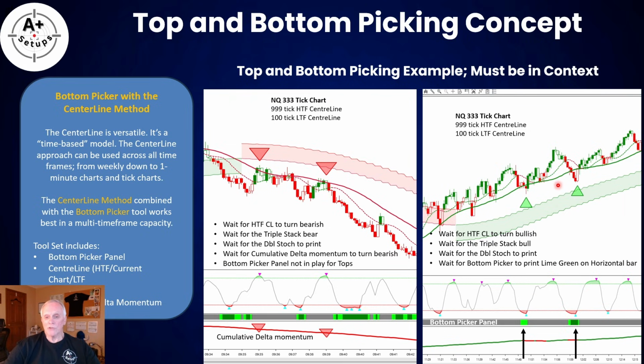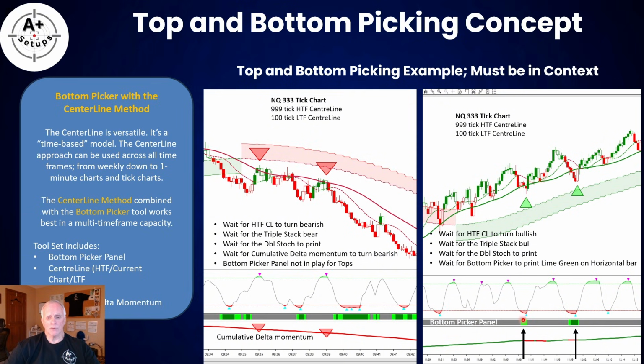Another set of tools I use to help me with this is the double stochastics. This is a neat version built by someone who I'm not familiar with, but you have access to the double stochastics in NinjaTrader 8. It's the same thing. This one just has some colors on it, that's all. Here's the tool. This is the bottom picker element. It's that gray horizontal bar with the lime green alerts on it.